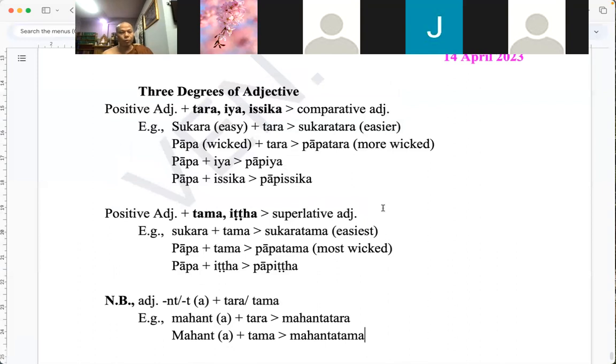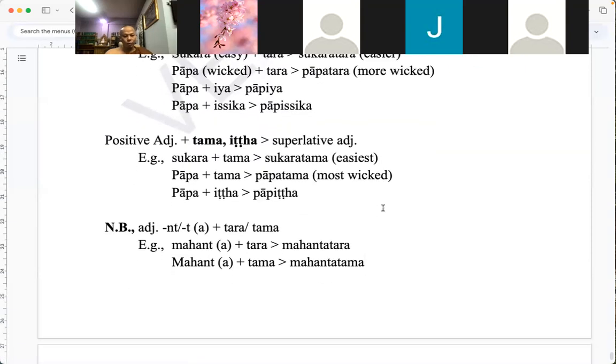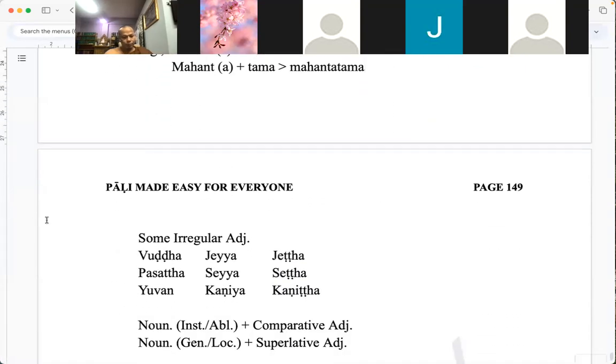So these are regular forms for the comparative adjectives and then superlative adjectives. But like the other language, in English, so in Pali also some irregular forms we have. So those are here.